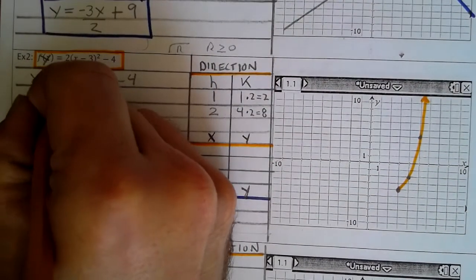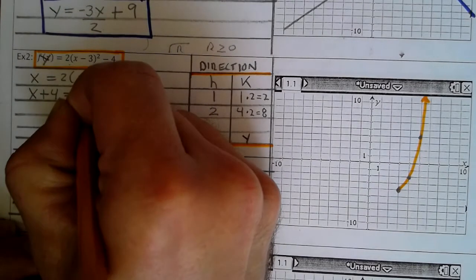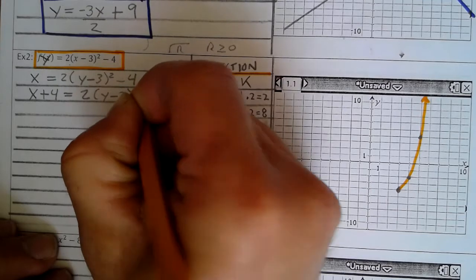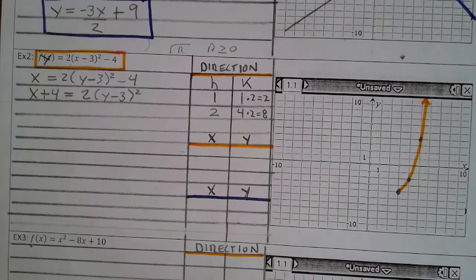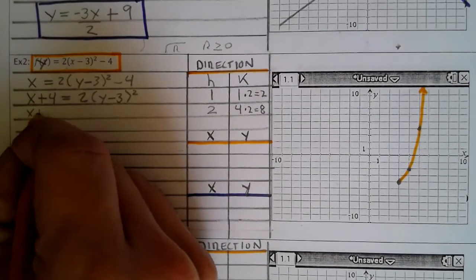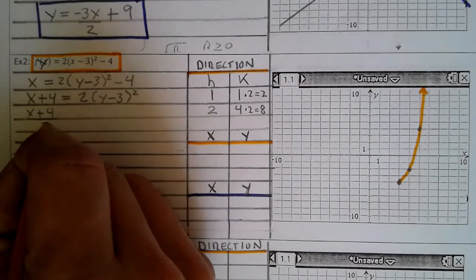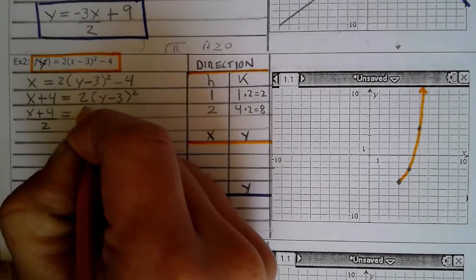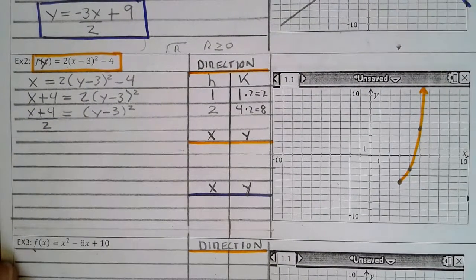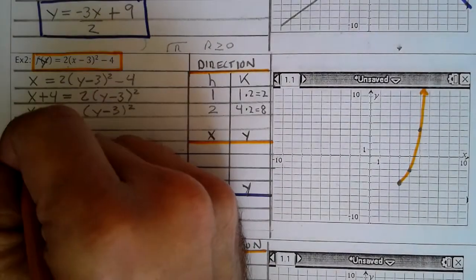So x plus 4 equals 2 parentheses y minus 3 squared. Okay. So our next step is to divide both sides by 2. Okay. Then we take the square root of both sides.